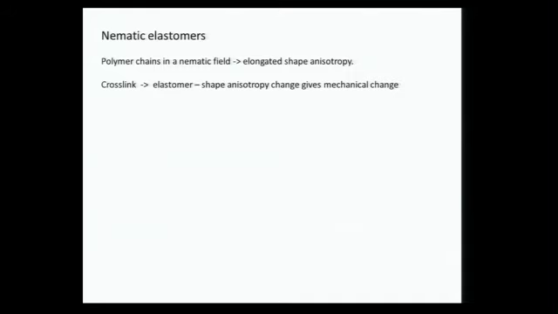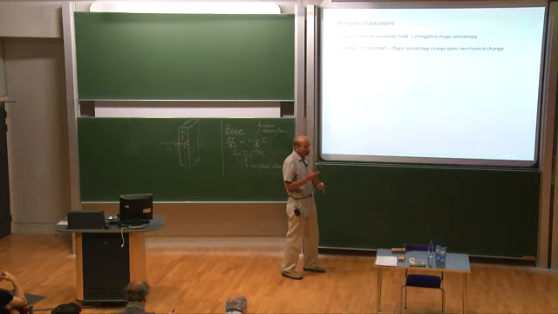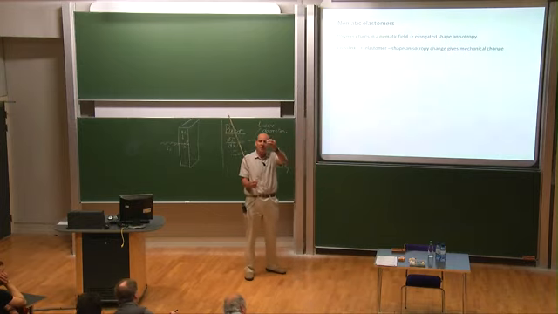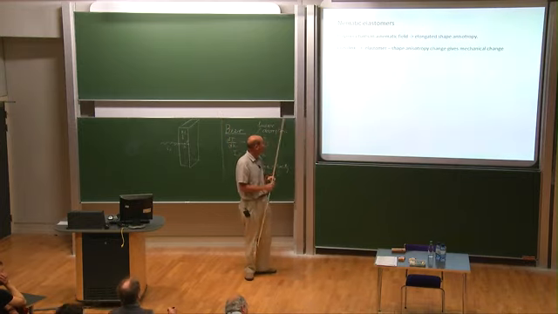So I'm going to talk about nematic elastomers. And to make an elastomer, you need polymer chains. And if these polymer chains are in a nematic field that is of orientational order, then they will naturally elongate. And when they're elongated, they are just changing their molecular shapes. There's no macroscopic effect.